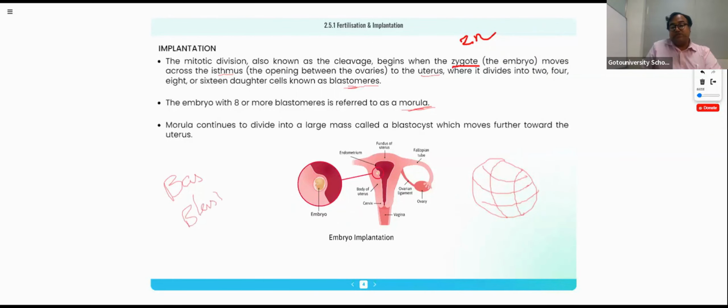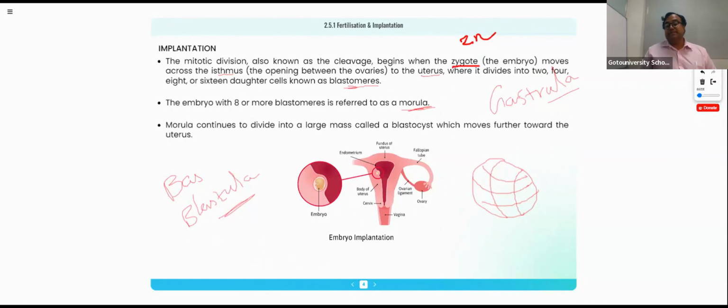So the blastula structure has fewer than 8 cells, and if the cells are more than 16, it is called gastrula. The words gastrula and blastula are not there in the CBSE textbook. That is the reason why we are hiding that set of information, right? Gastrula: if the zygote has more than 16 blastomeres.